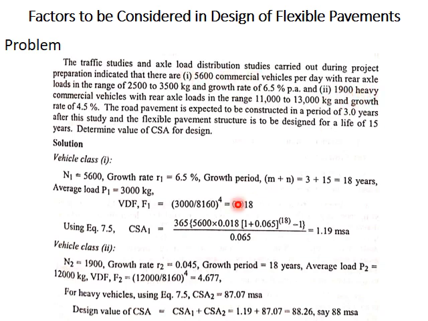So for finding out the cumulative number of standard axles for the first class, the formula given is 365 into n into f into d. The d value is not specified in the problem, so we are taking it as 1.